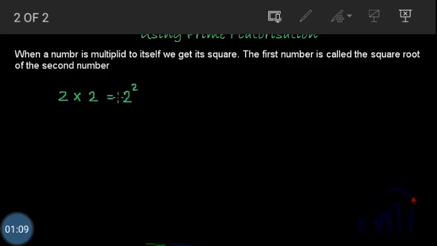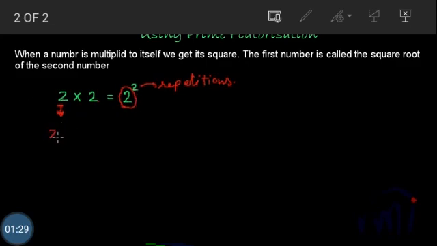So that will be written as 2 to the power 2, where this 2 is the value of the number, right? And this 2 is the number of repetitions, right? So it actually represents 2 is getting multiplied by itself 2 times, right? So that is why it is written as 2 to the power 2.